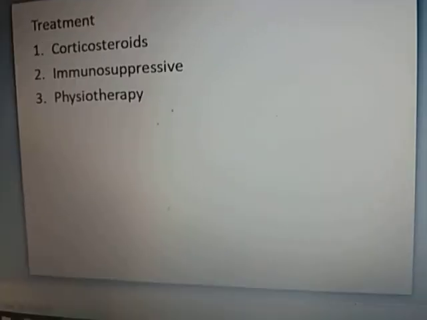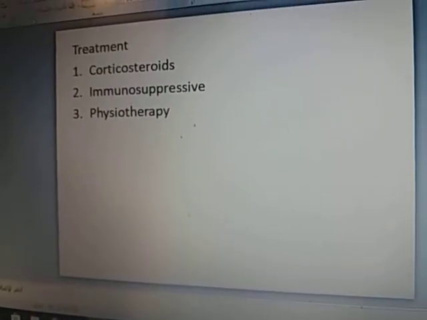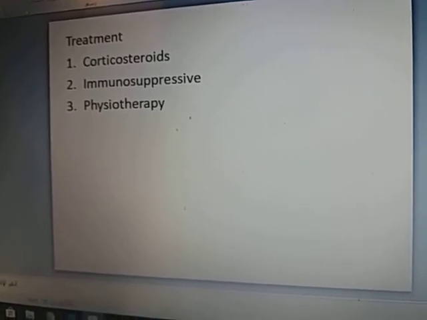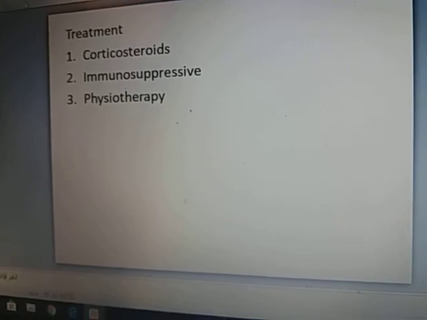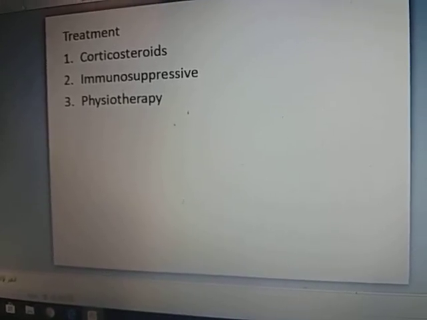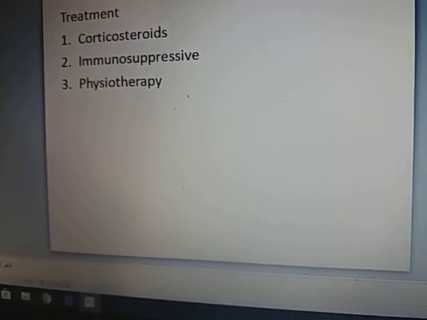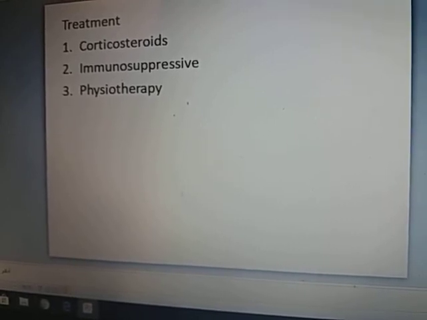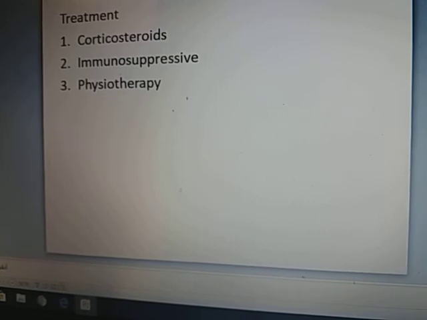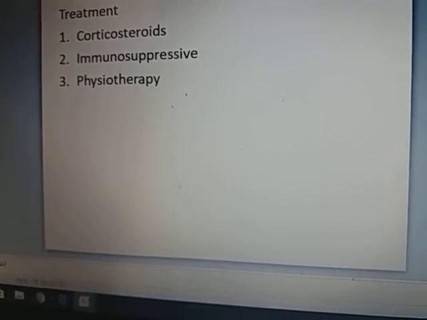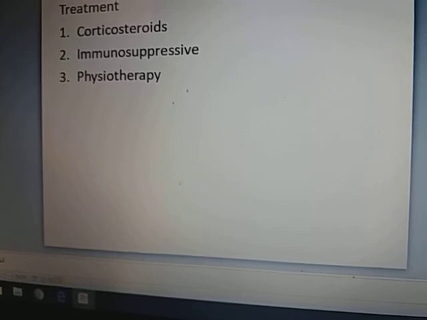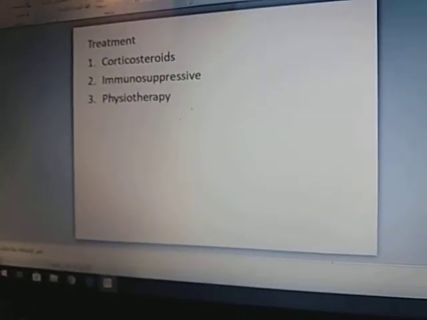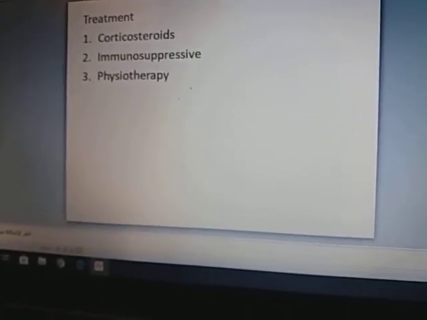Treatment of polymyositis. One, corticosteroids. High dosage systemic corticosteroid in adults, 1 milligram per kg per day, up to 60 milligrams per day to start with, till enzymes are normalized, which may take several weeks or months.